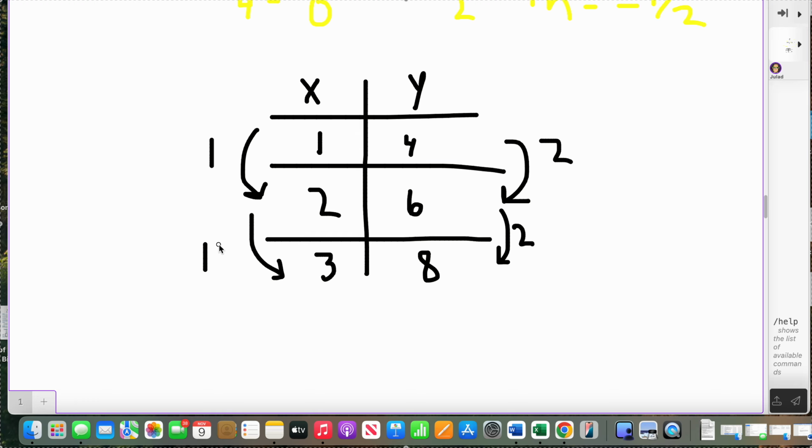So since there's a 2 increase for every 1 x increase, we find that m, the slope, is 2, because the slope is the increase in y for the increase in x.